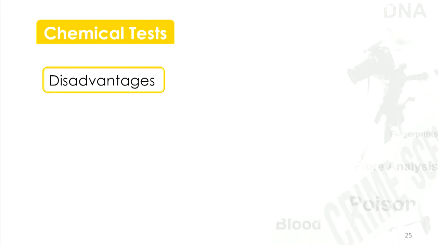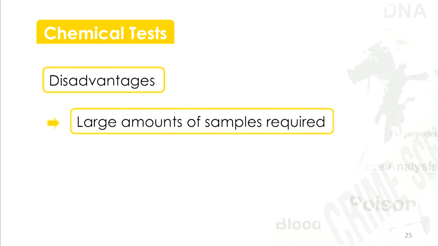The problem with these classical chemical tests is that they require relatively large amounts of material because you have to see with your own eye the result. They are destructive. You have to do chemical transformations on the material, so therefore the evidence is going to be destroyed in the test tube.